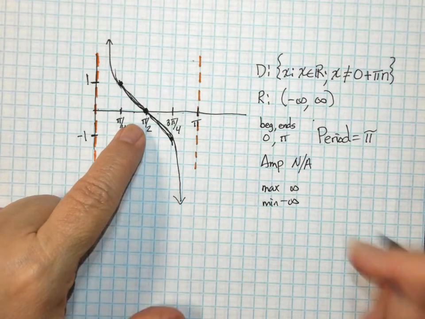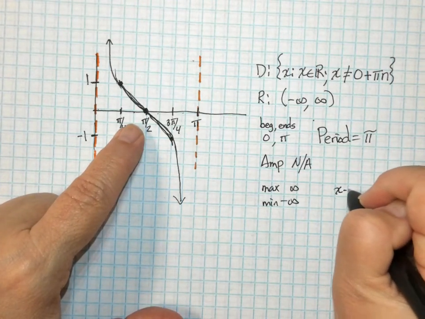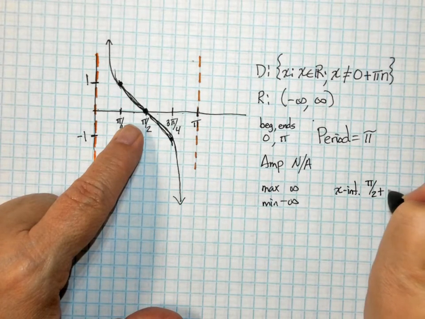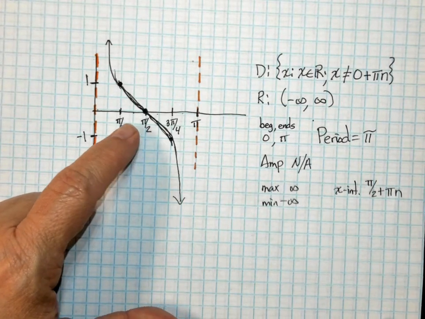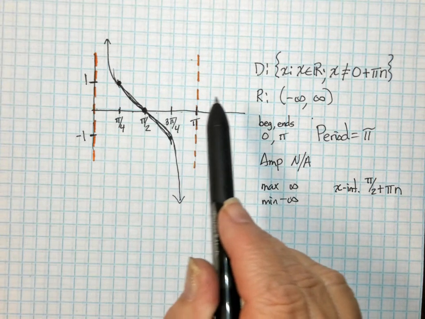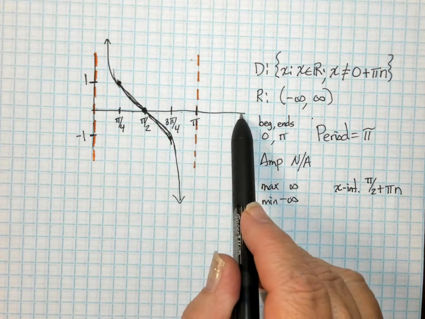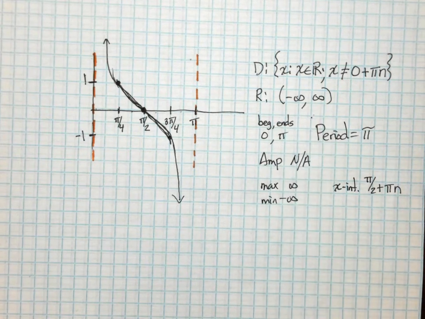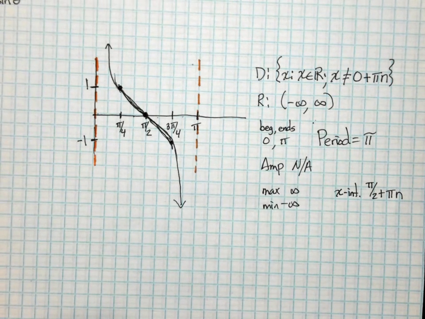Alright, what about our x-intercepts? Pi over 2 plus pi n. Right? Pi over 2, and then pi units later, it's going to hit again. Pi units later, it's going to hit again.